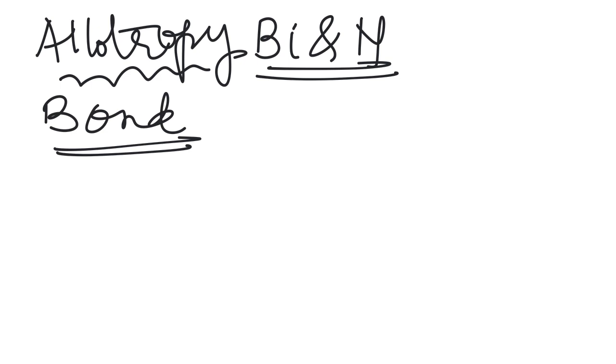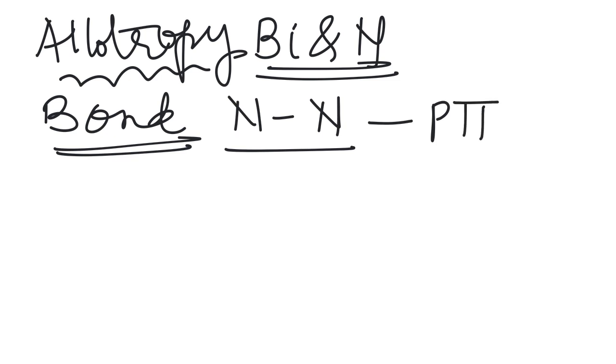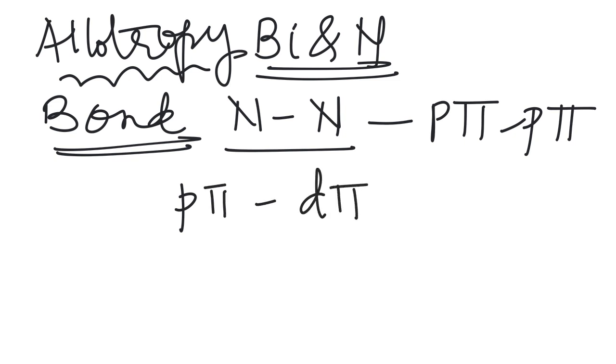You know that nitrogen does not have d orbitals, so it will form p pi-p pi bonds due to small size and absence of d orbitals, whereas other elements can form p pi-d pi or d pi bonds.